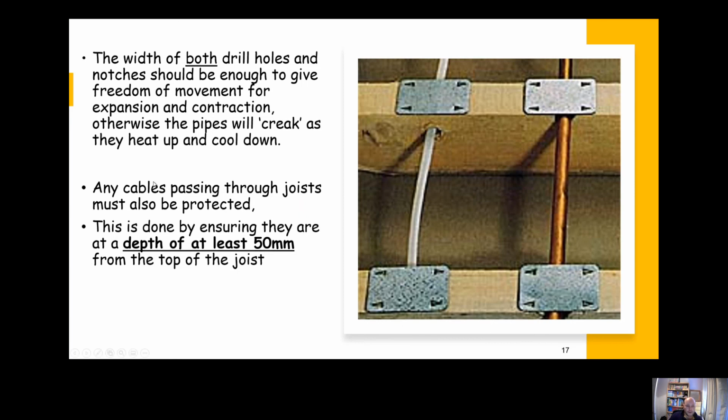Any cables passing through joists should also be protected, particularly if they're at less than the minimum depth of 50 mil. If cables are run less than 50 mil from the surface, you need to make sure you give them appropriate protection from screws and nails.